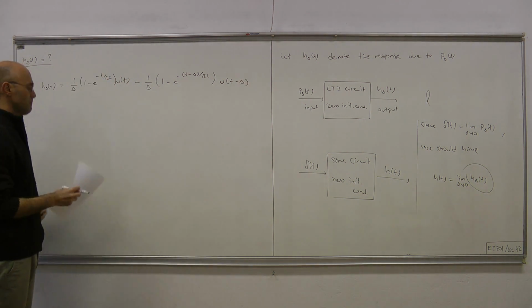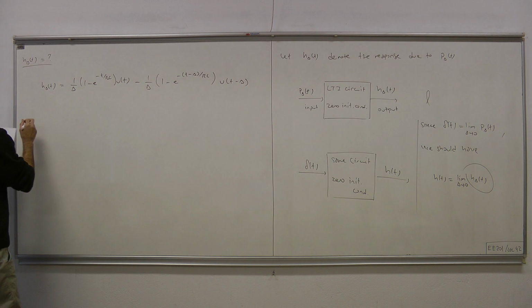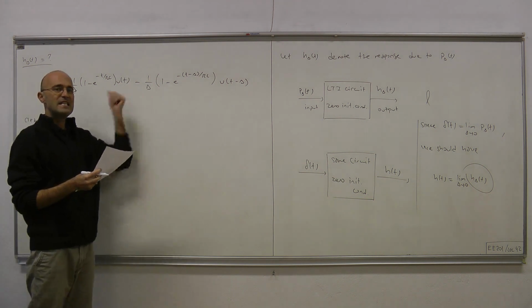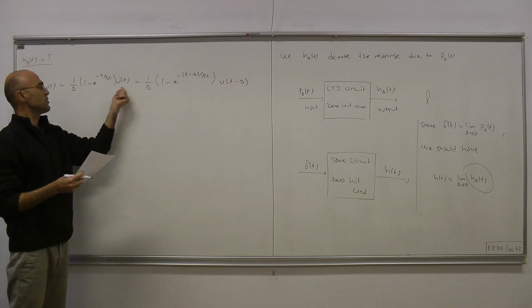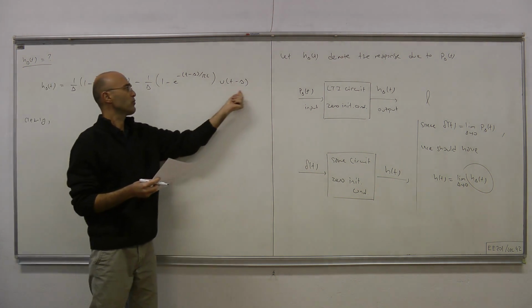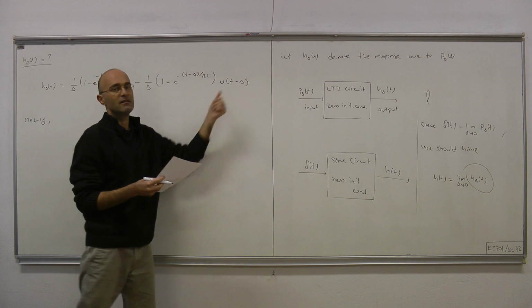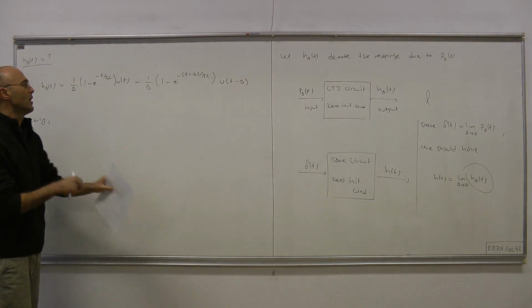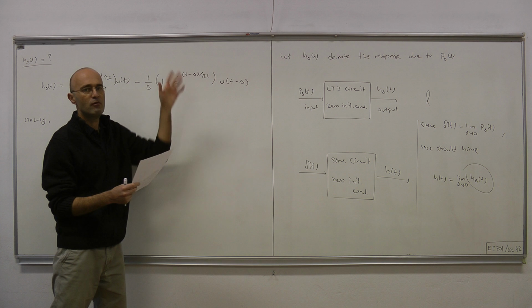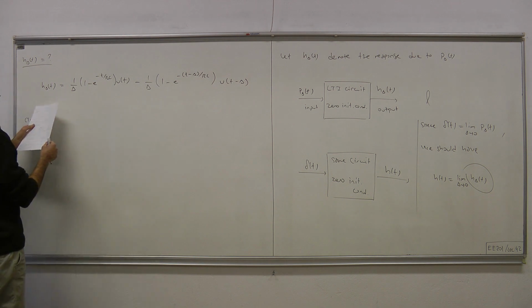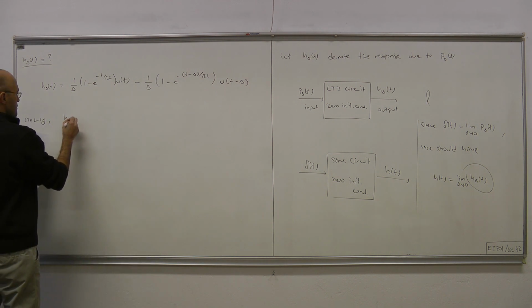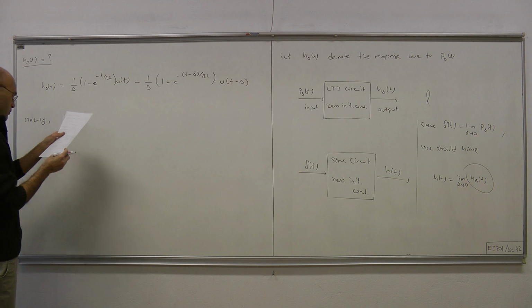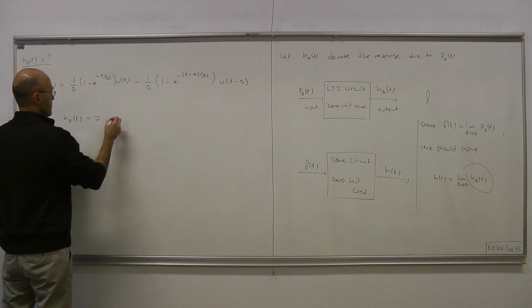Then it's clear that for t negative, the argument of this is negative, and the argument of this is also negative because delta is a positive number. Hence, this is 0, this is 0, everything is 0. So there's nothing interesting going on for negative times.